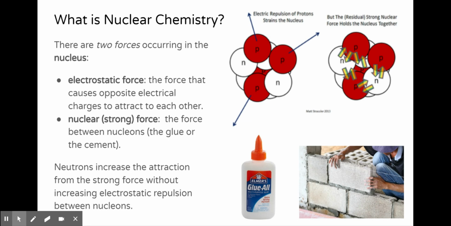Neutrons allow the strong force, which is the force between nucleons, to be stronger without increasing the electrostatic repulsion between the nucleons. So neutrons are very important to the nucleus of the atom. They are what holds it together. They help that strong nuclear force, which is the glue or the cement. Without neutrons, those protons would just repel each other and there would be no nucleus of an atom.